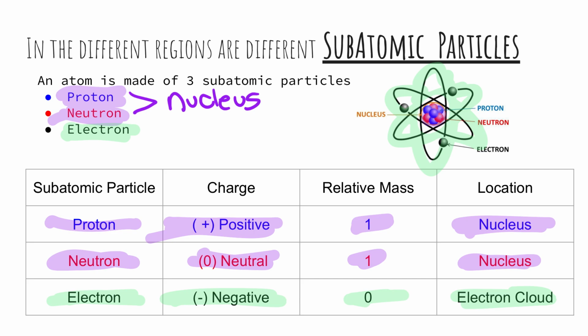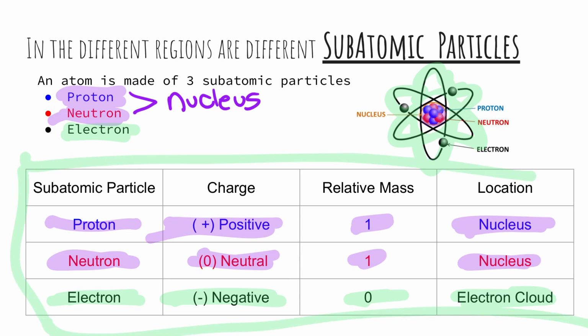But for our purposes, protons' relative mass is 1, neutrons' relative mass is 1, electrons' relative mass is 0. Okay, protons positive, neutrons neutral, electrons are negative. Write that stuff down in your notebook. Write this whole table down in your notebook, because you're going to need to use it for the rest of this unit.